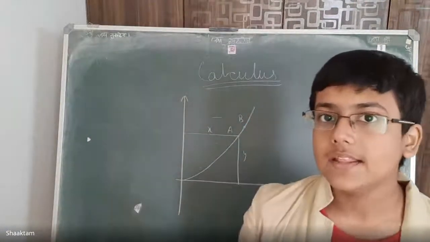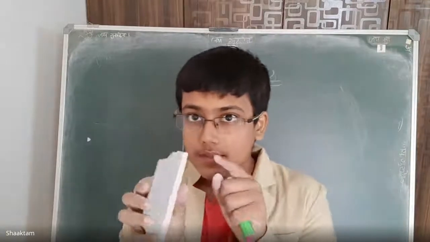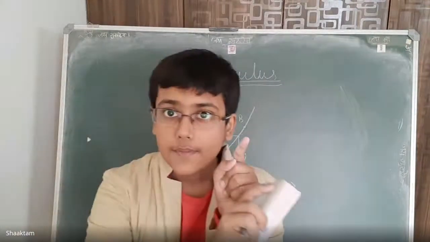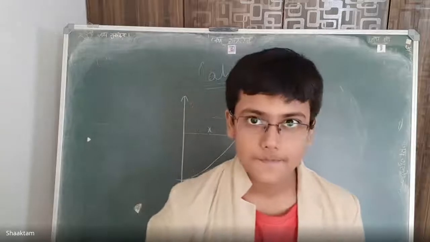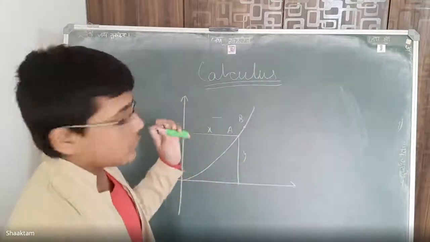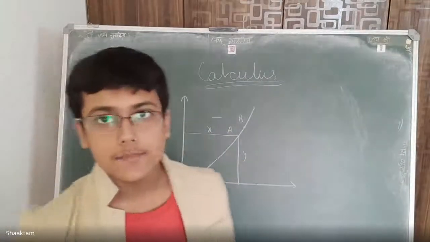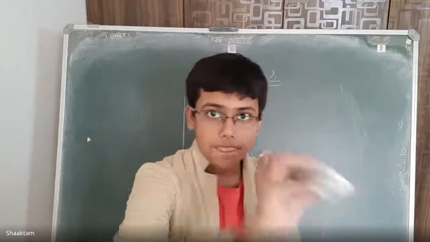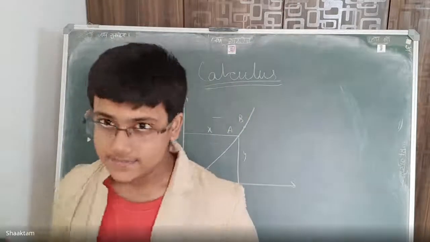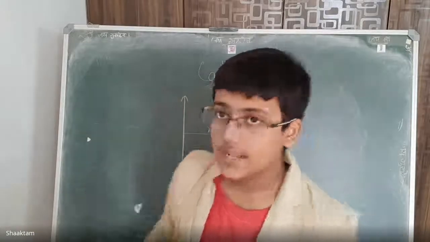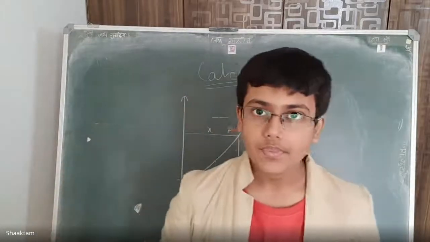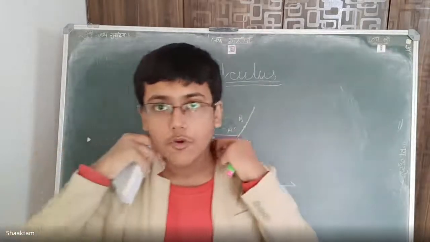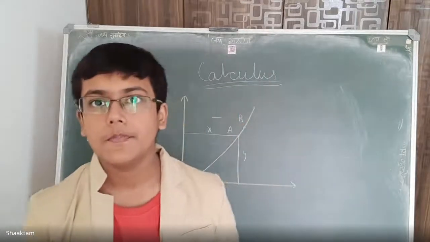So what will happen in that case is they will seem to form a line of their own. In fact, as I said, the slope of AB approaches the tangent at A. When you bring it that close, it will be like a line, and with a line you can easily figure out a common tangent from which you can determine its slope.